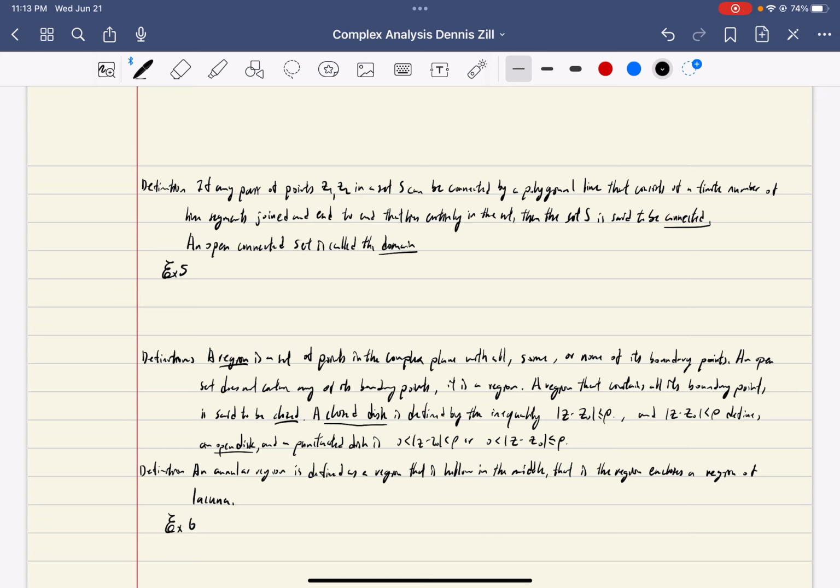An open connected set is called a domain.